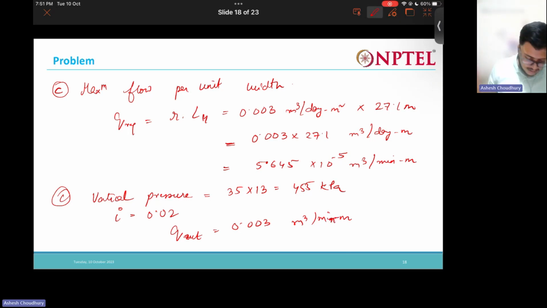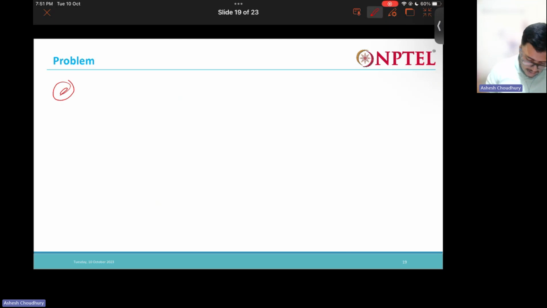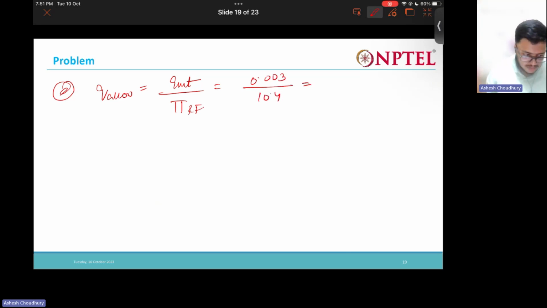Now we get the Q allowable: Q ultimate divided by the cumulative reduction factor, 10.4 they have taken. So it comes out as 4.885. What is the unit? Meter cube per minute per meter.